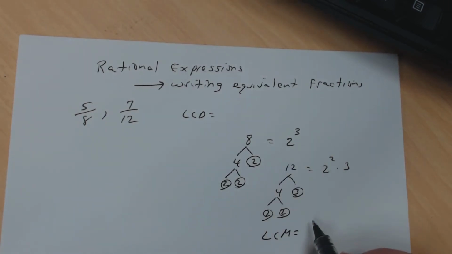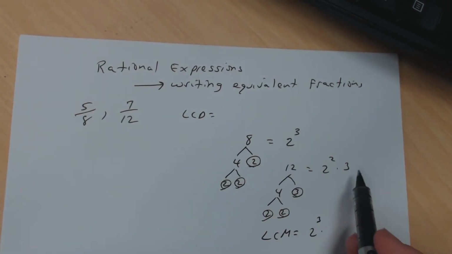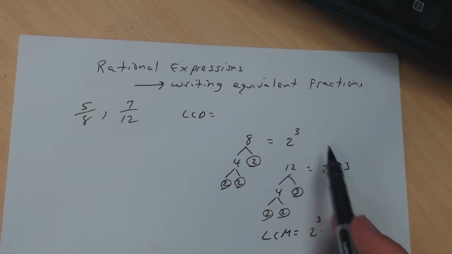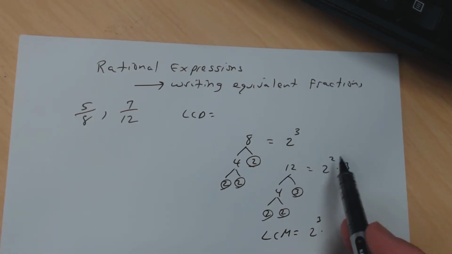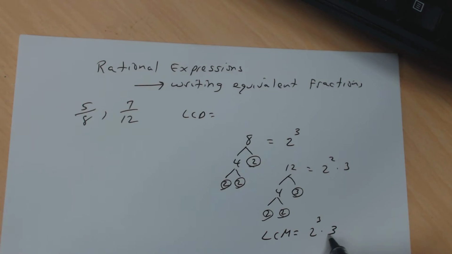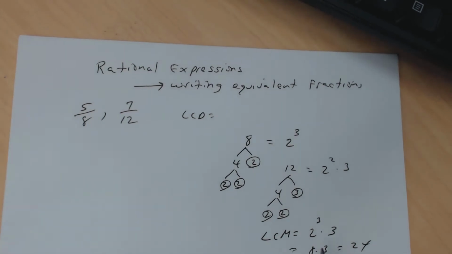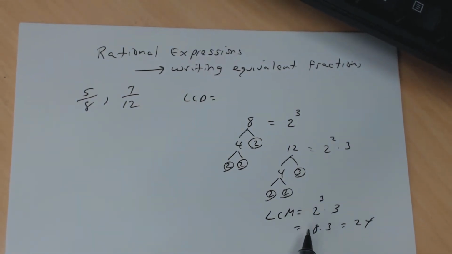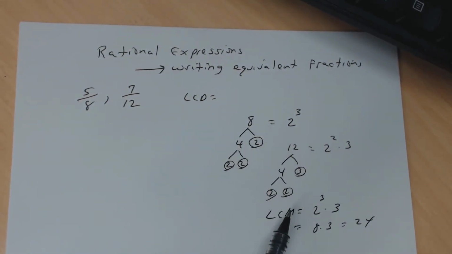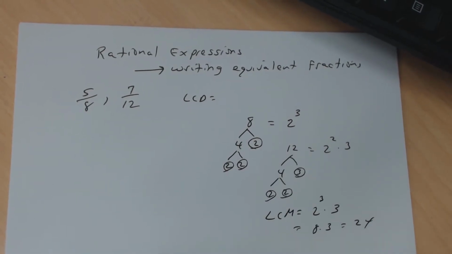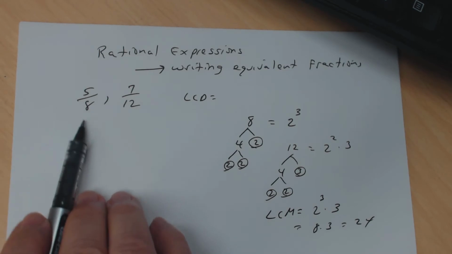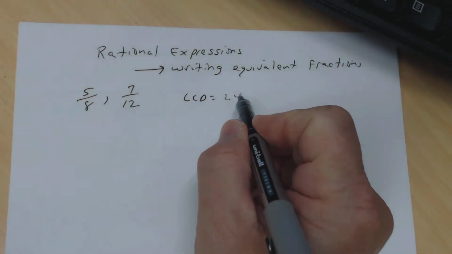So I need 2 to the third power. Over here, I have one factor of 3, none here, but I need one factor of 3. And so 2 to the third is 8, 8 times 3 is 24. So the least common multiple of 8 and 12 is 24. That means the least common denominator of these two fractions is 24.